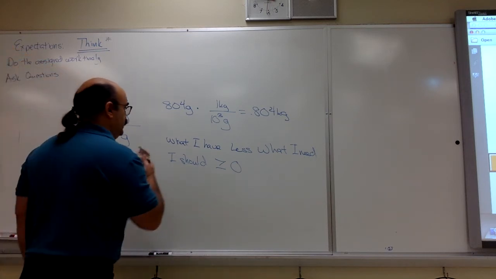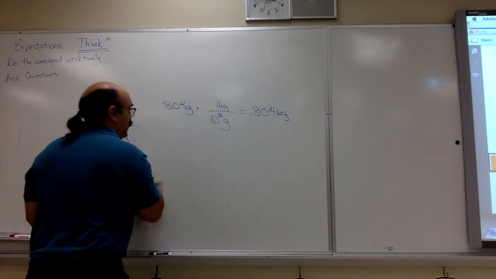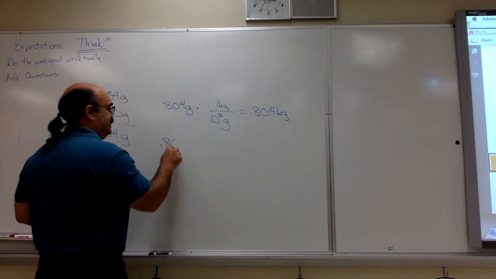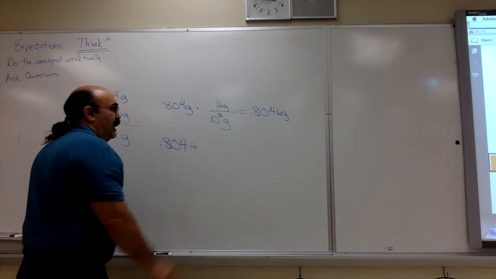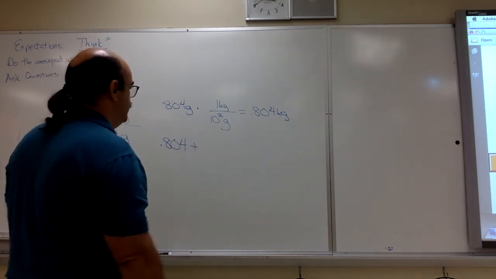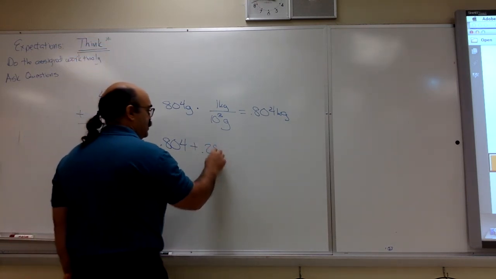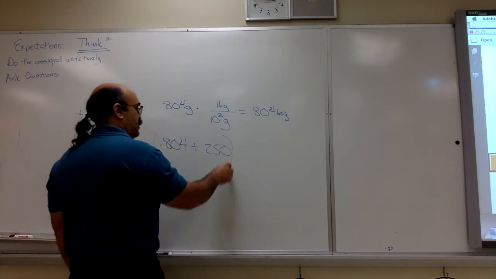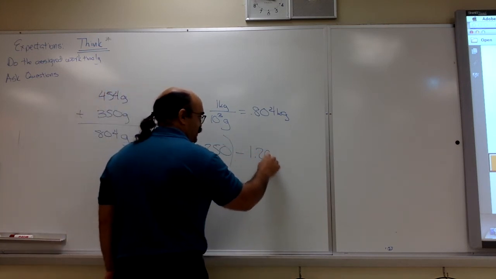So what am I going to do? I'm going to take this 0.804 plus the 250 they said I had in this other container. I'm going to add those, and then I'm going to subtract 1.20.